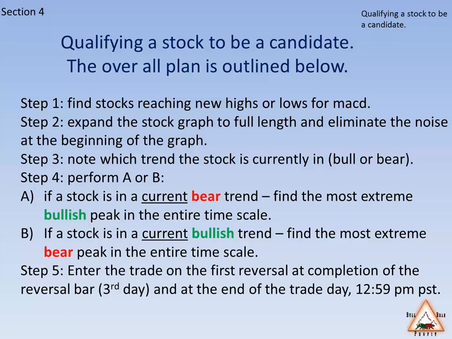Step 4, perform A or B below. If a stock is in a current bear trend, find the most extreme bullish peak in the entire time scale. If a stock is in a current bullish trend, find the most extreme bear peak in the entire time scale.